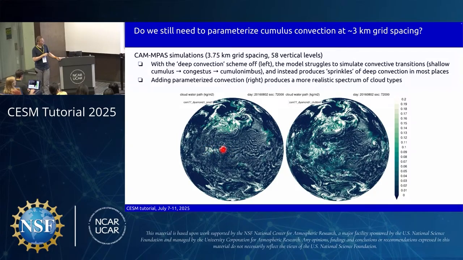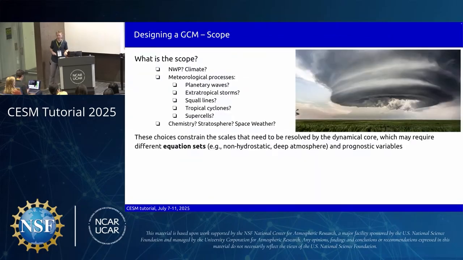So usually this will develop into these large convective tropical systems. And you see when we have the convection scheme on, that starts happening. So at this resolution, you still need deep convection, but we're slowly getting there where you don't need to have that parameterization. And that's pretty exciting that that's happening because it's a big uncertainty in our models.